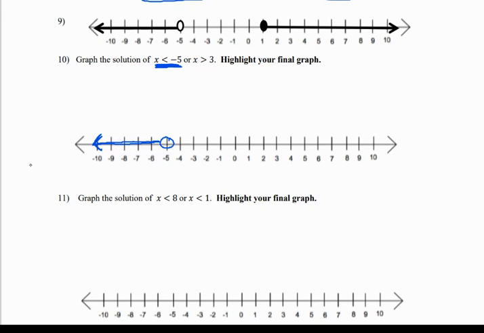But now I need to graph the second piece. So the second piece says I'm greater than 3. So I go to where 3 is, open circle, and greater than means to go to the right. Remember, you don't need to make the lines crazy long, but just long enough.